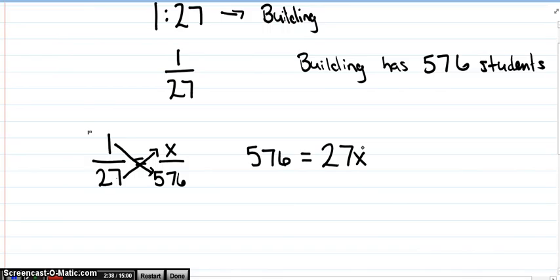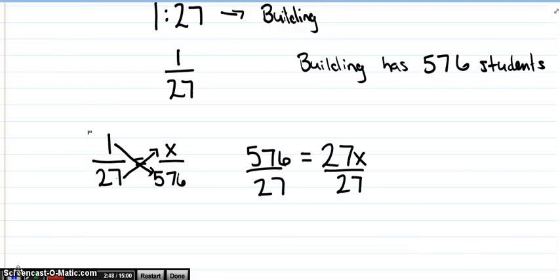So now to solve it, it's just a regular algebra problem, and we divide both sides by 27. And you're going to get 21.33 repeating equals x. So that's our answer.